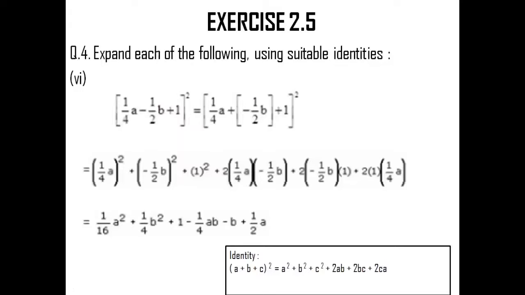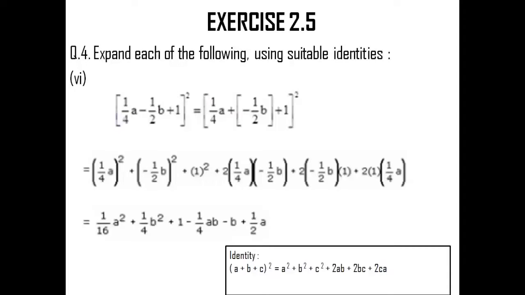The first term is 1 upon 4a, the second term is 1 upon 2b, and the third term is 1. So all that I have to do is find what is my a, b and c of my identity. Which identity? (a plus b plus c) the whole square is equal to a square plus b square plus c square plus 2ab plus 2bc plus 2ca.